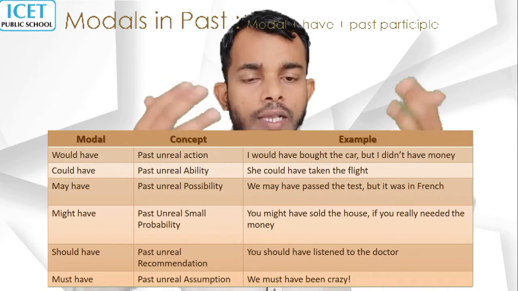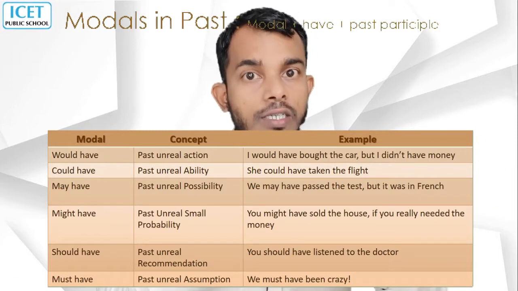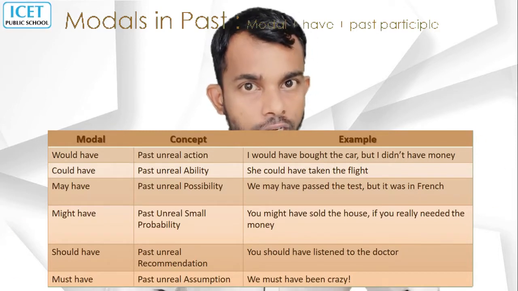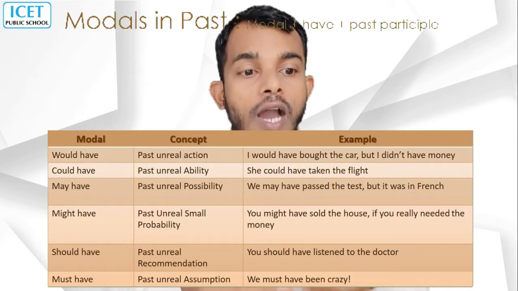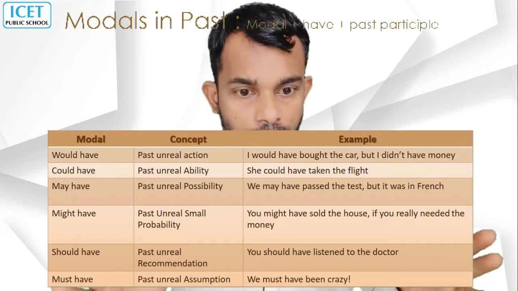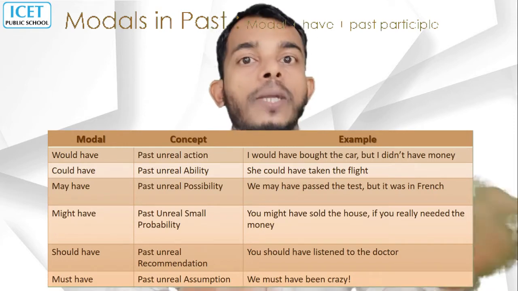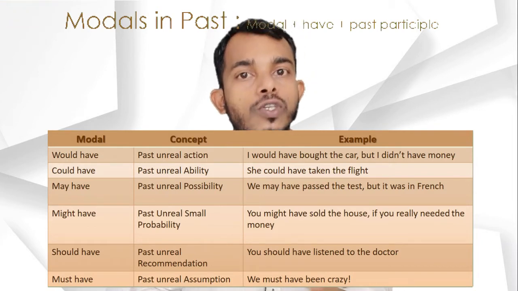That means expressing a past unreal action; it did not actually happen. I would have got full marks, but I did not study well. To express such a situation, we use would have.